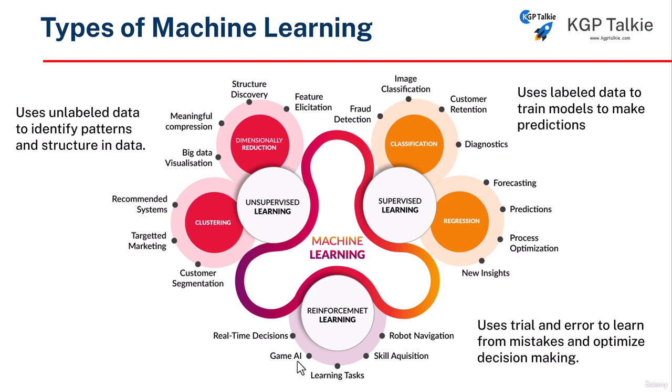Then in the case of reinforcement learning, there are some tasks which you can perform with it. So what is reinforcement learning? In reinforcement learning, your machine learning model once again does not have any target label, but the model automatically uses trial and error to learn from its mistakes, and it optimizes its decisions.